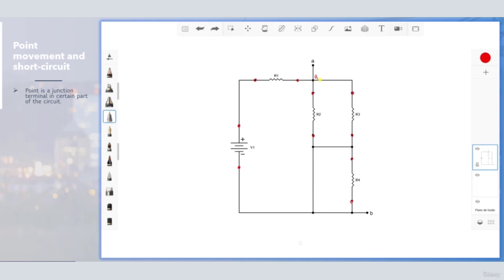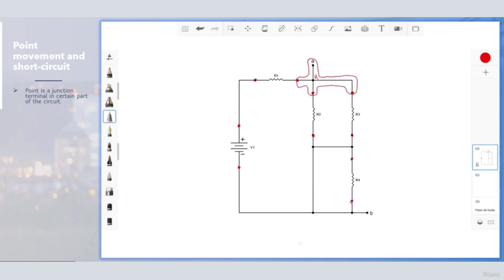So going forward, the point A can also be here but cannot go to here because the resistor 3 is blocking, and the point A also cannot go to here because the resistor 2 is blocking. So the point A is limited to only these locations.